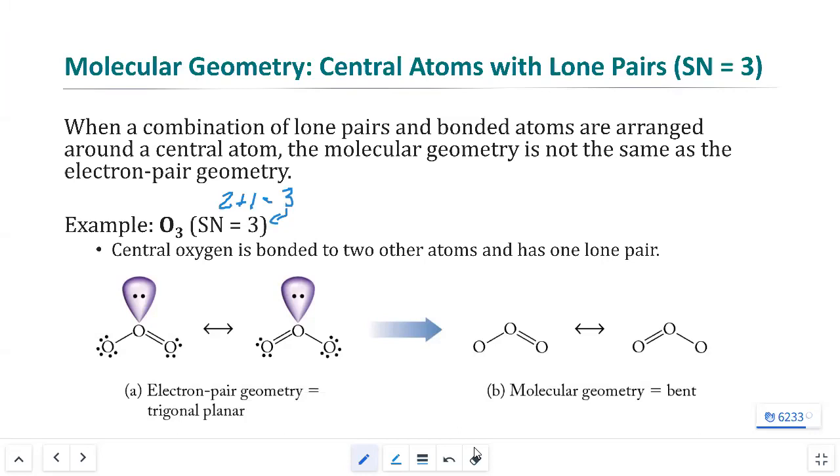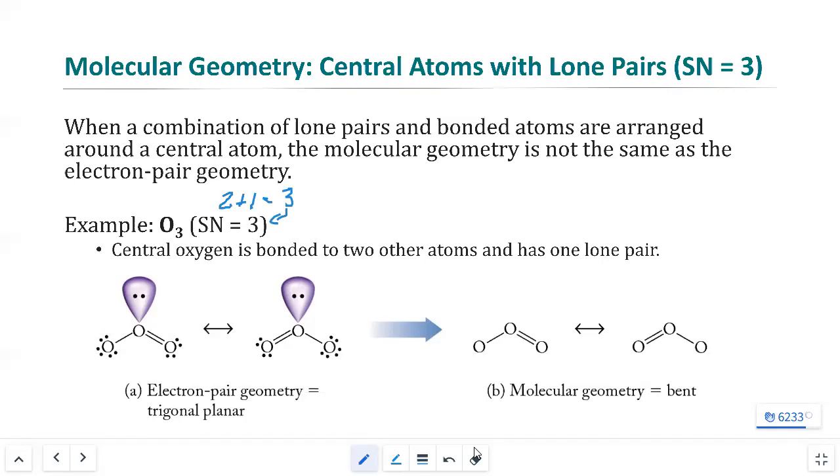From a repulsion standpoint, a steric number of 3 is going to give me something triangular, trigonal planar. But because this lone pair doesn't actually show anything, we can't call it trigonal planar anymore. There's nothing in that third position.